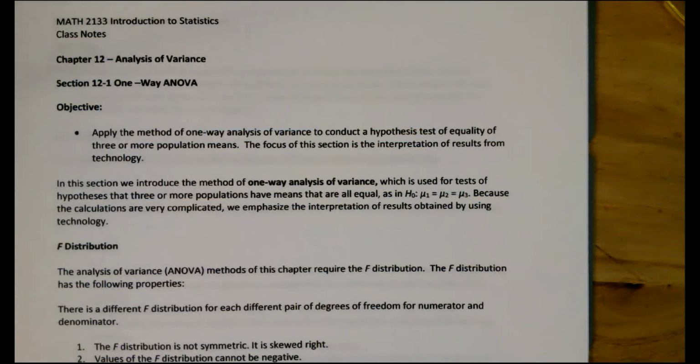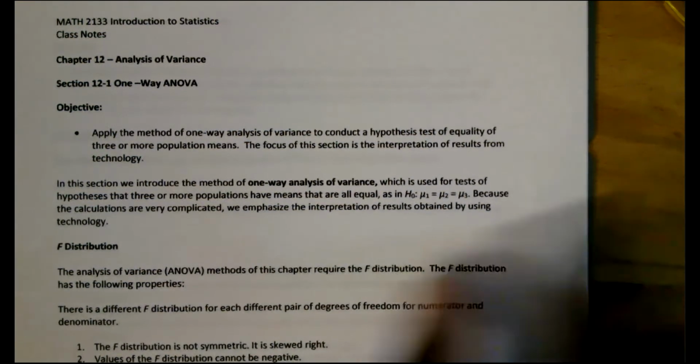Now, because calculations are very complicated, we emphasize the interpretation of results obtained by using technology. So you won't have to worry about doing any manual calculations because it is extremely complicated to do and time consuming.